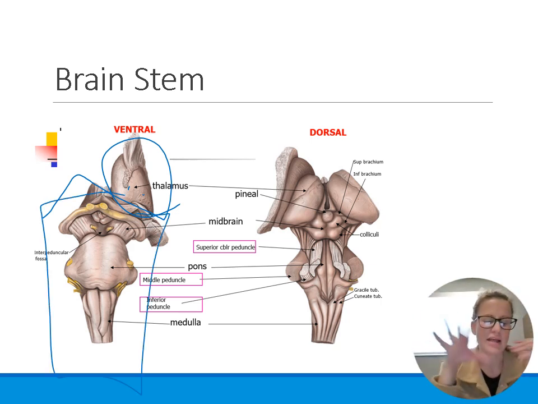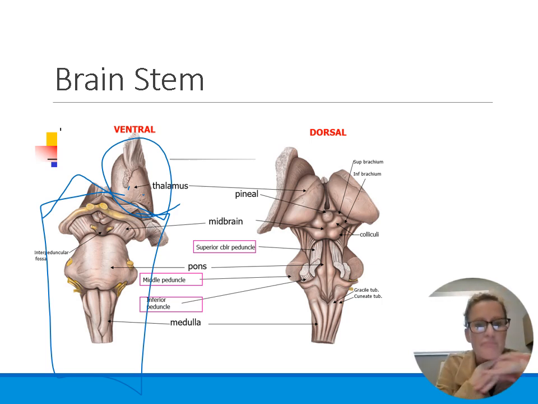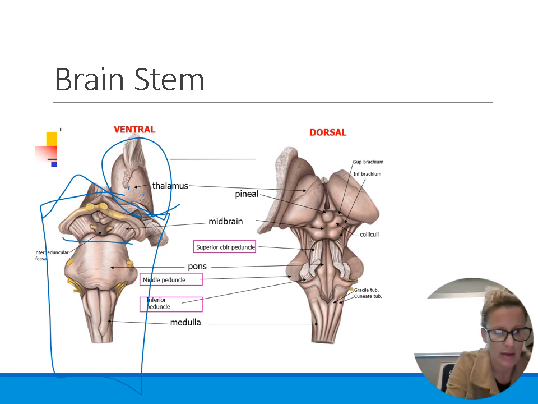This first picture is the front of the brainstem, the ventral aspect. We have our midbrain up top. From the front of the midbrain, what we're really looking at are the cerebral peduncles. These right here and right here are the peduncles.